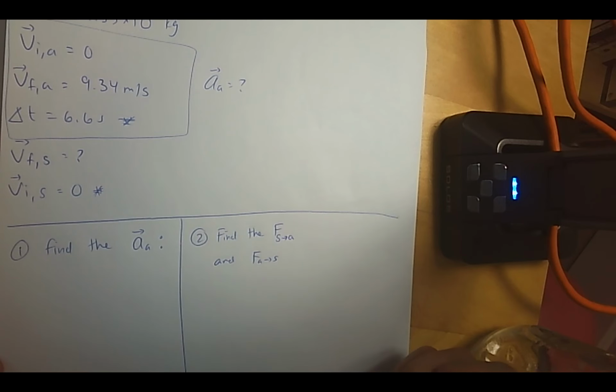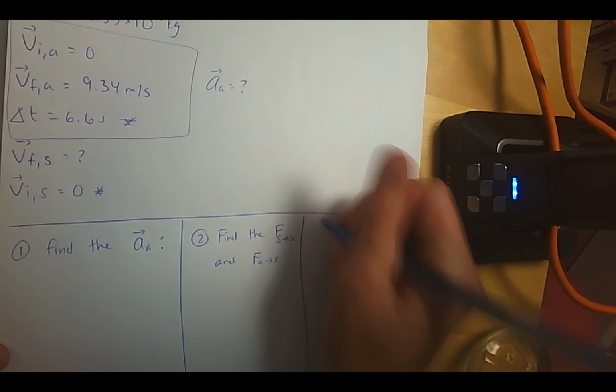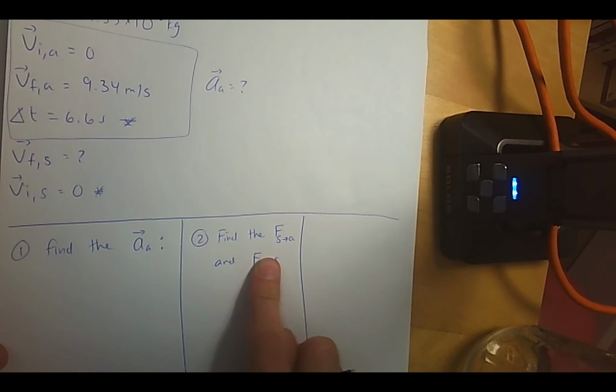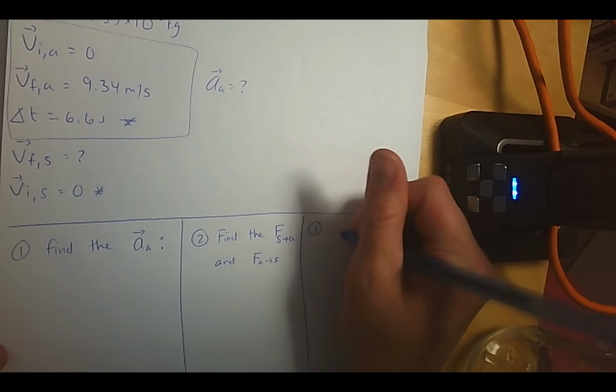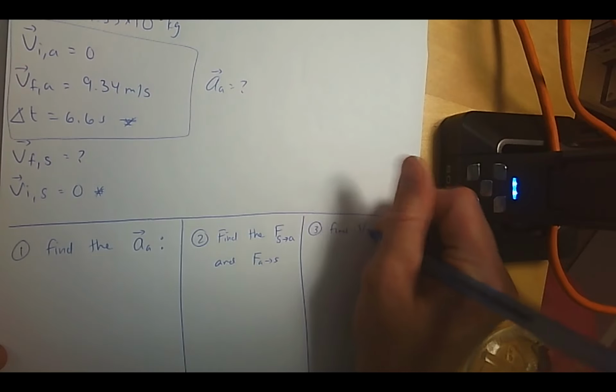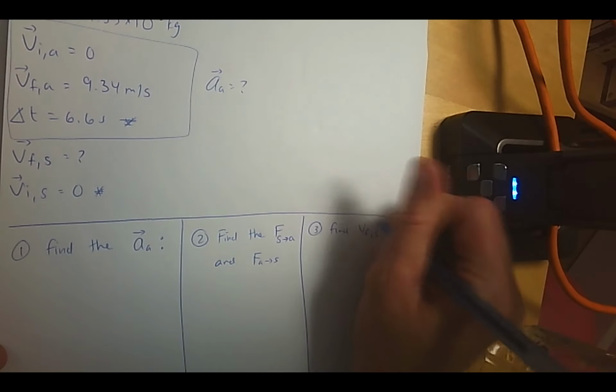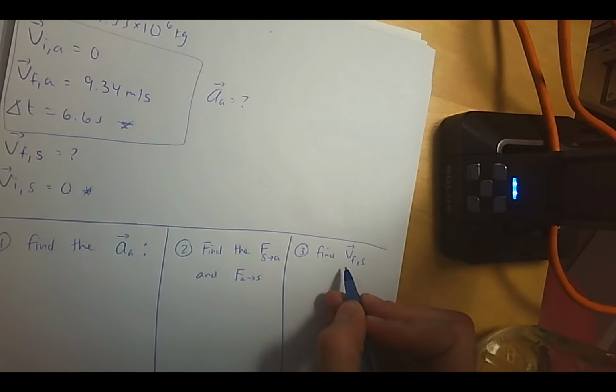They're equal in magnitude, opposite direction. And remember, F equals ma. 3rd, find the final velocity of Superman using kinematics.